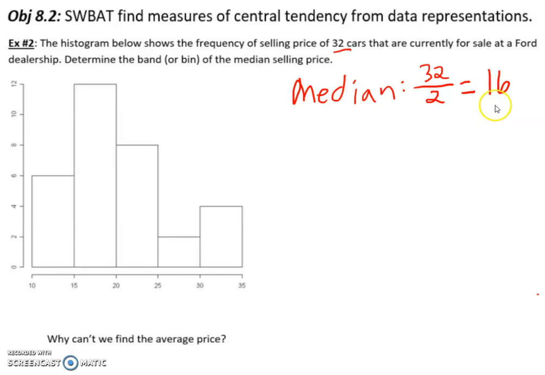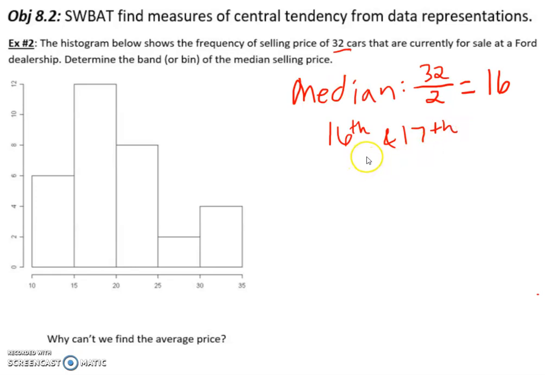Now, this might seem like a good thing, but the problem with it is that when you have an even number of data points, so in this case 32 cars, there is no perfect middle. There's actually 2 that are both equally in the middle, and that would be our 16th and our 17th car.